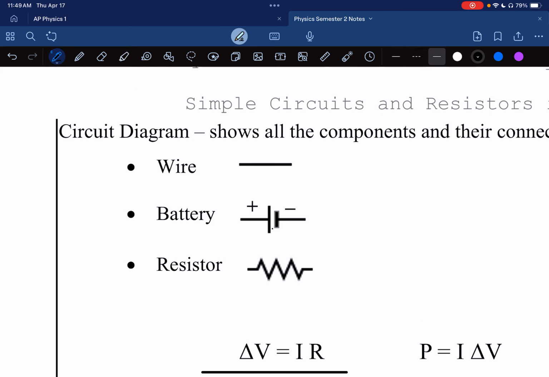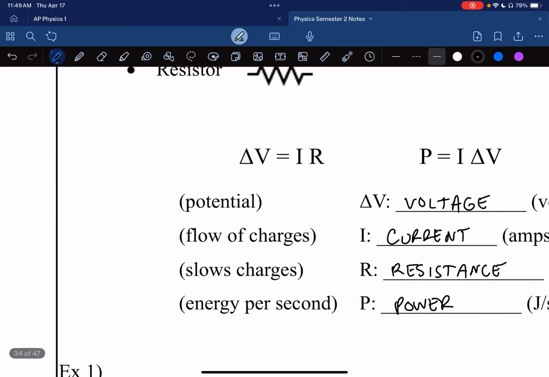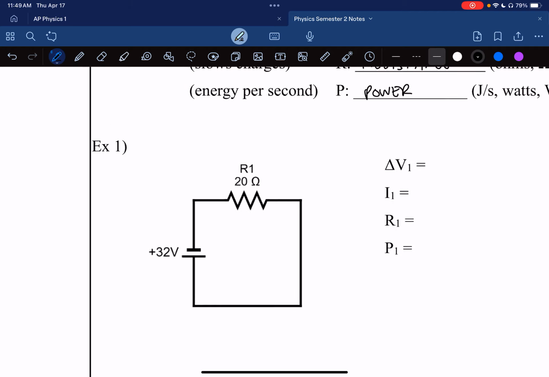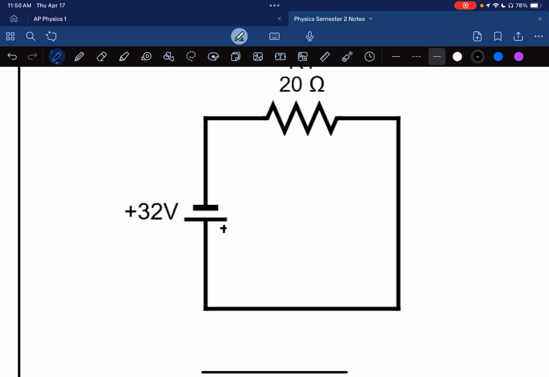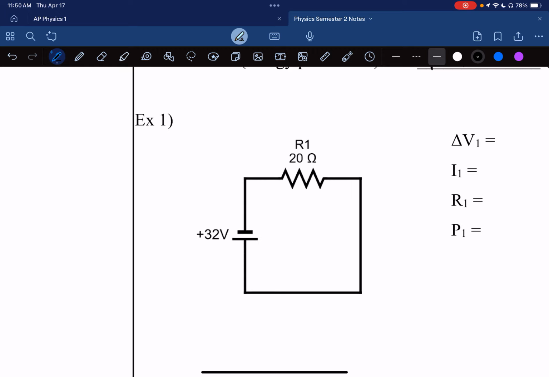Batteries look like this, a resistor looks like that, and wires are just lines. And this is what we call a simple circuit. That means it has one battery, one resistor, and wires, connected as such. This longer part right here is the positive side of the battery, this is the negative side. It's not too important to know that, but I thought I'd point it out.